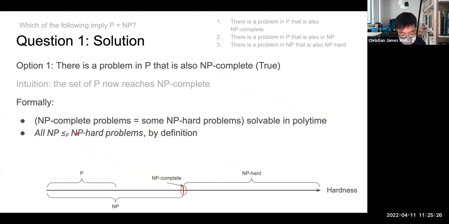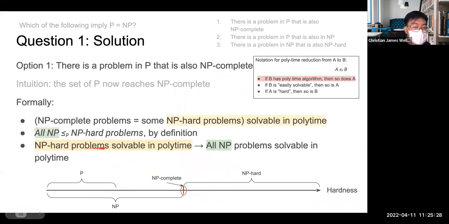All right. So what does it mean that now a particular NP-hard problem, in particular this one, has a polynomial time solution?